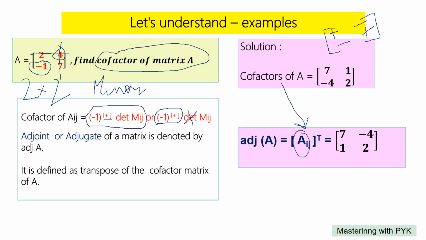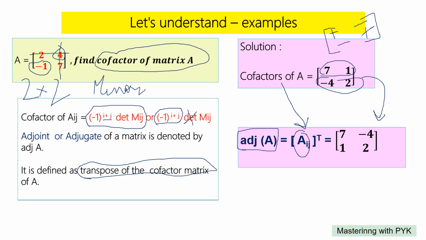So the adjugate or adjoint of A is nothing but the transpose of the cofactor matrix. So we have the cofactors. When we transpose, what does transpose mean? The rows interchange to columns and columns interchange to rows, right?